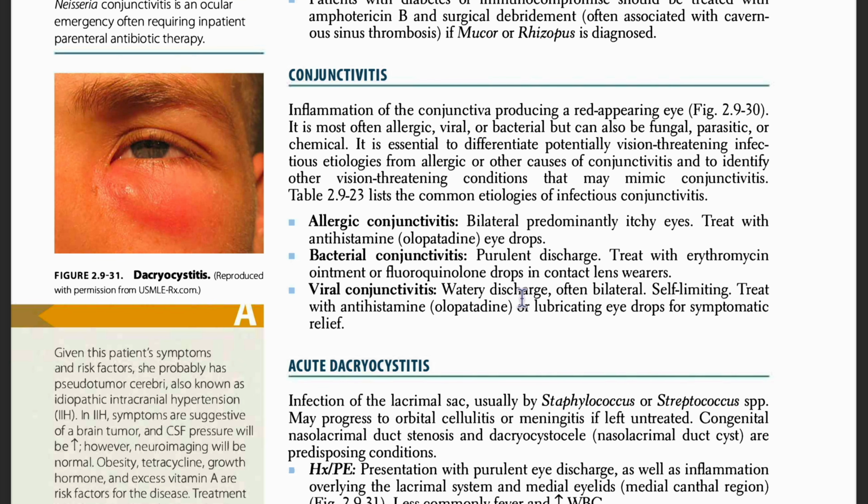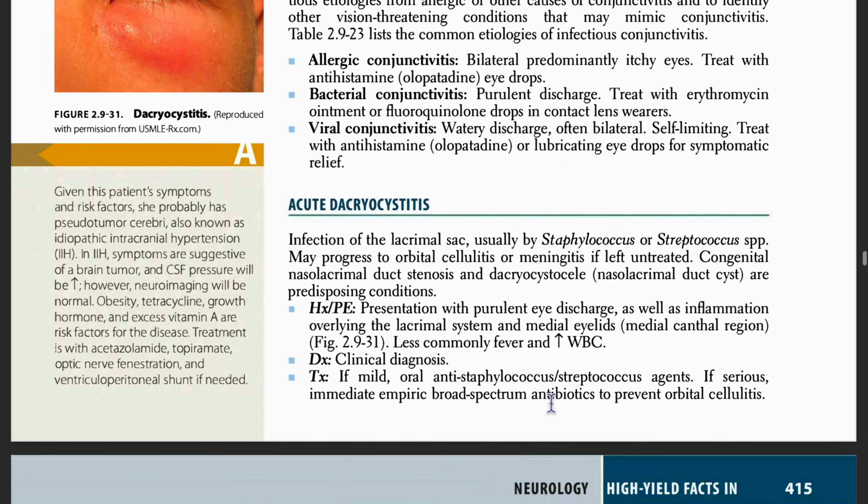Viral conjunctivitis, watery discharge, often bilateral, self-limiting. Okay, so if you have watery discharge, it's probably viral conjunctivitis. Here we have itchy eyes, and it's allergic. Treat with antihistamine, olopatadine, or lubricating eye drops for symptomatic relief.